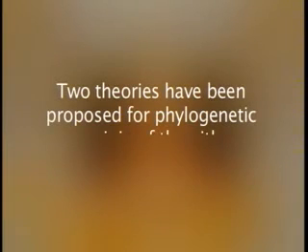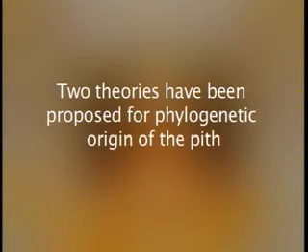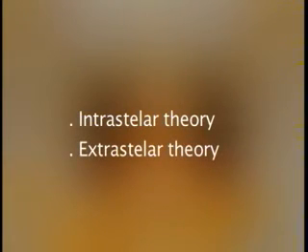This step led to many important changes in the protostelic organization and gave rise to complicated stelar types. Two theories have been proposed accounting for the phylogenetic origin of the pith. These are the intrastelar theory and the extrastelar theory.